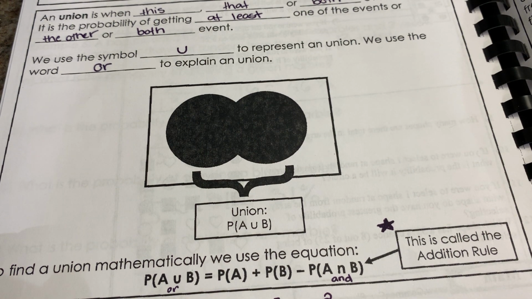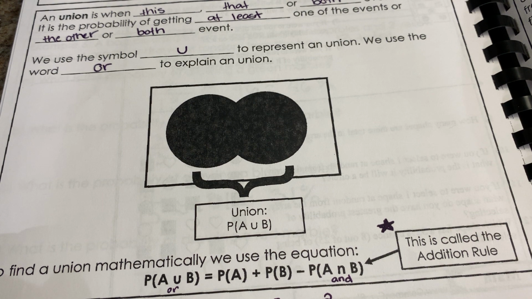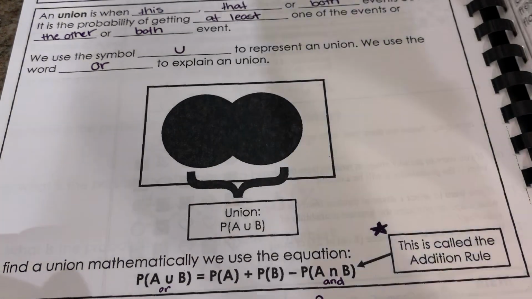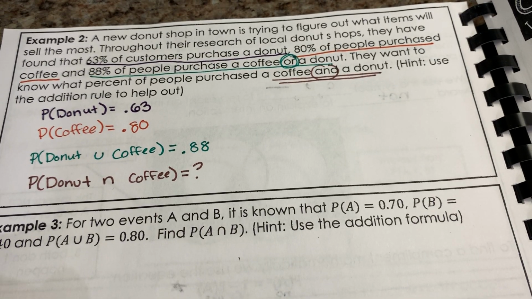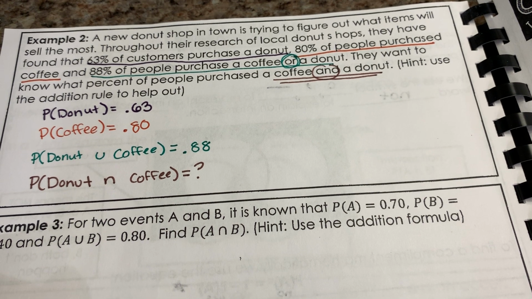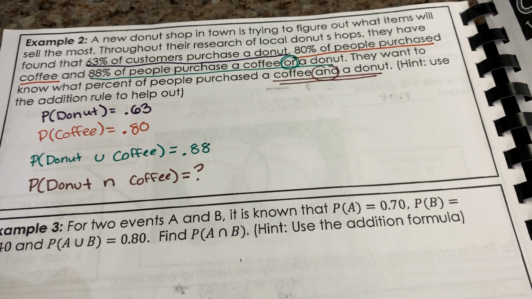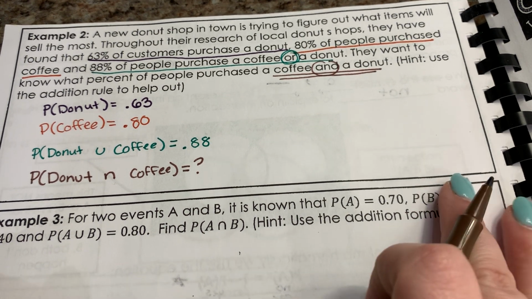So we can figure out one of the probabilities as long as we have the other three. Since in our situation we have the probability of donut, the probability of coffee, and the probability of or, we can find the probability of both. So let's talk about that.